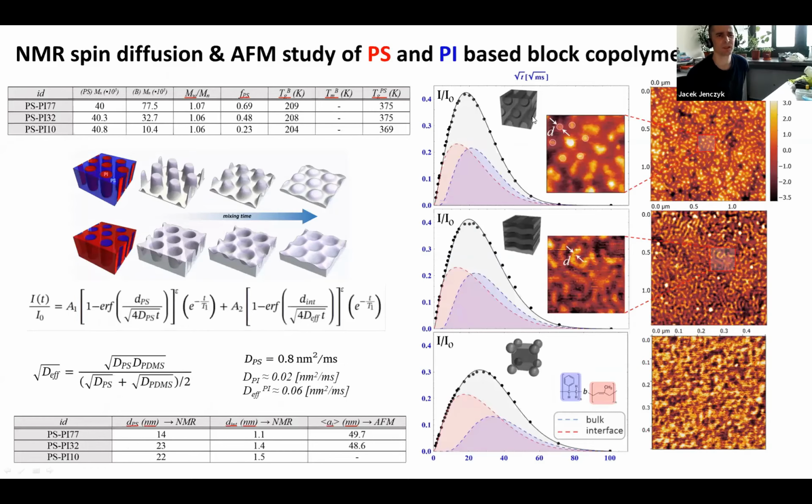We have polystyrene and polyisoprene in this particular case. So again, the same story. We have the polystyrene block, which is the hard, rigid component with a high glass transition temperature. The glass transition for polystyrene is around 100 Celsius. So above 100 Celsius, polystyrene becomes quite plastic, quite elastic material.